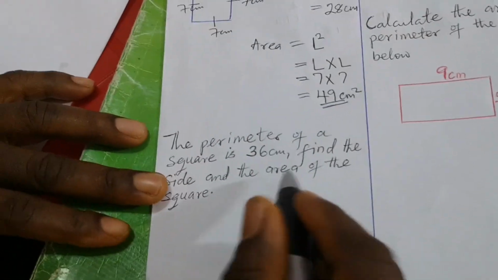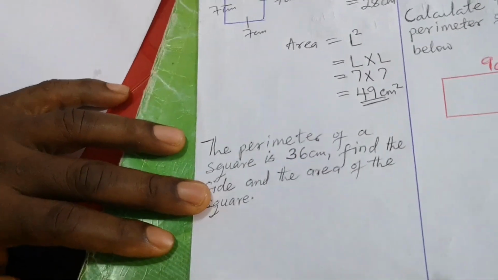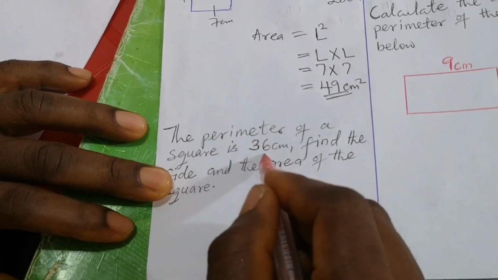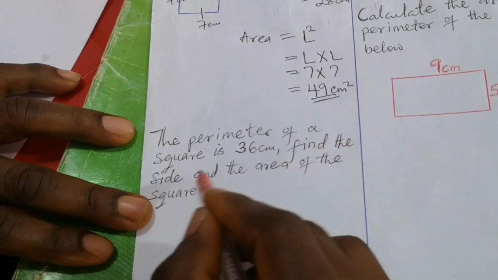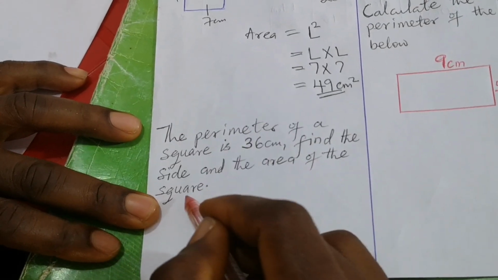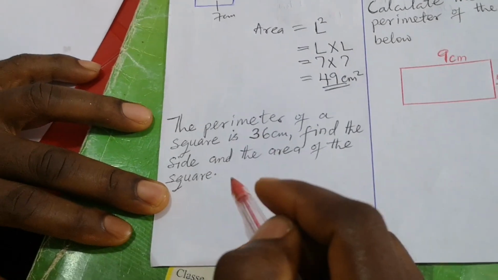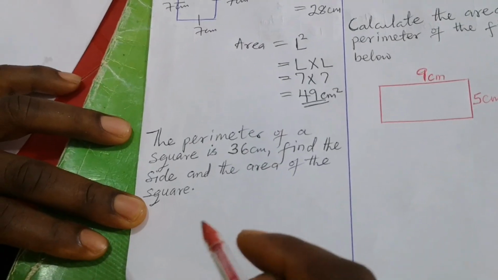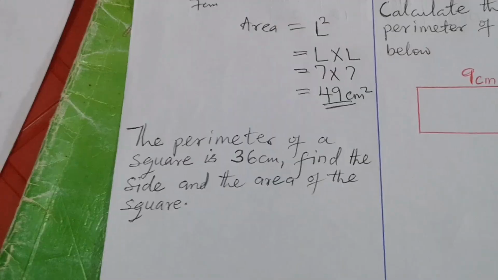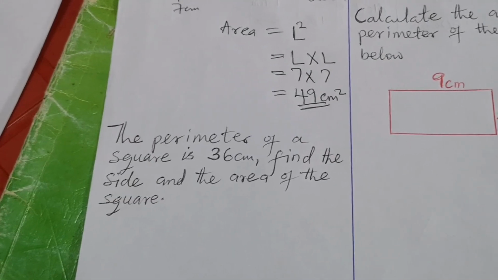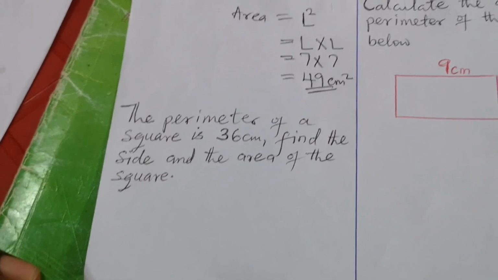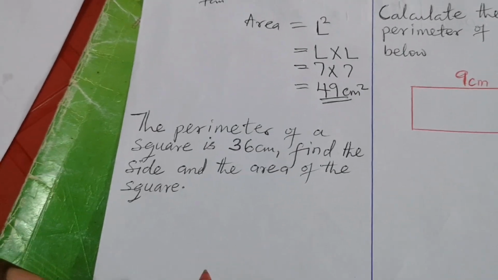We have another example here. The perimeter of a square is 36 cm. Find the side and the area of the square. So we are to find the area and also the side of the square. First of all, since we are given the perimeter, we are going to write the formula for calculating the perimeter of a square.